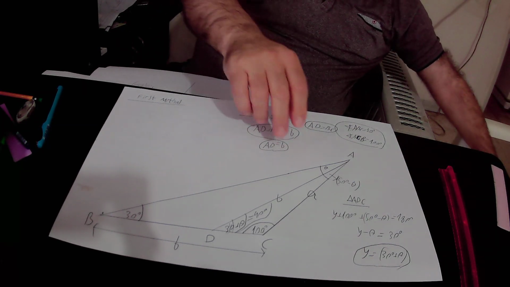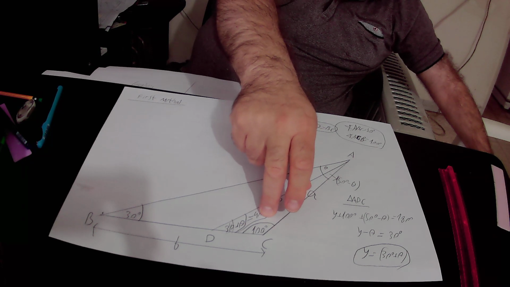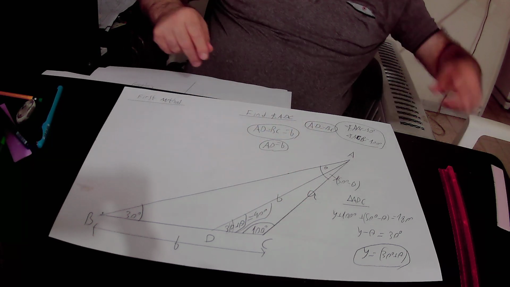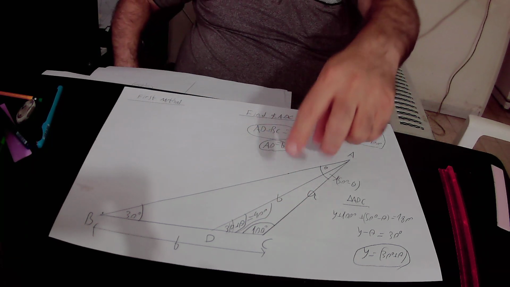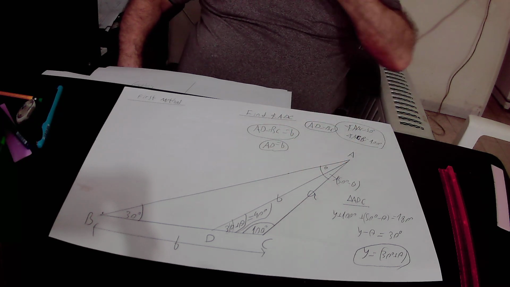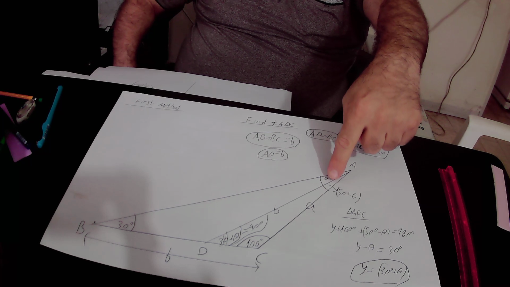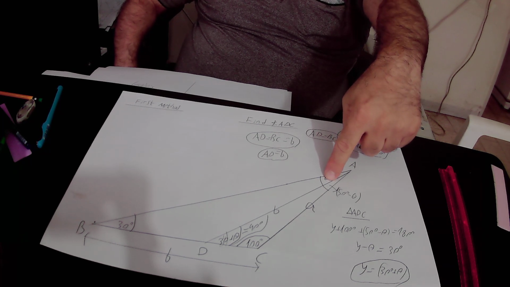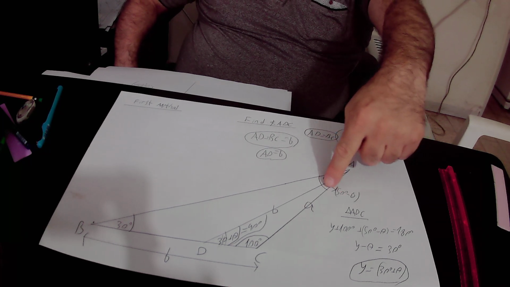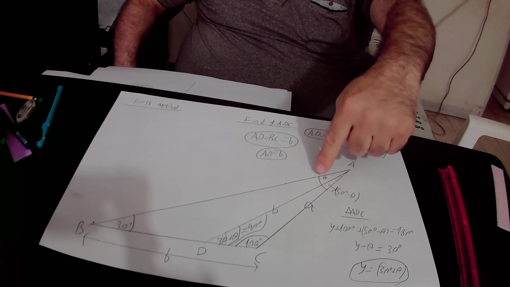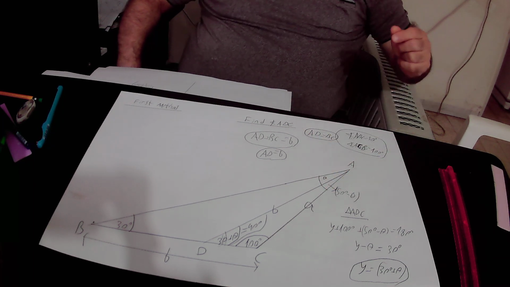Then I copied this triangle ADC in a new page, and we implemented the law of sines in this triangle ADC. But first of all, we have already found out that this angle BAC equals 50 degrees.